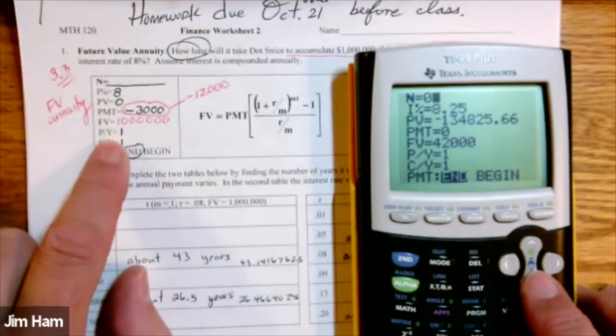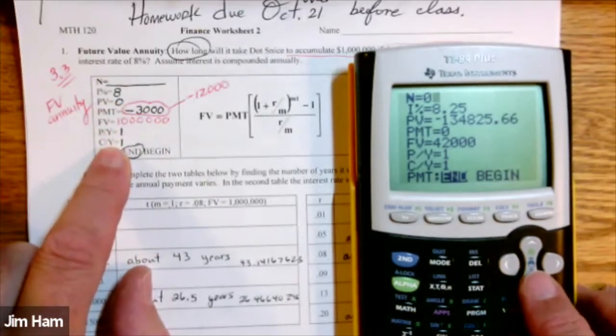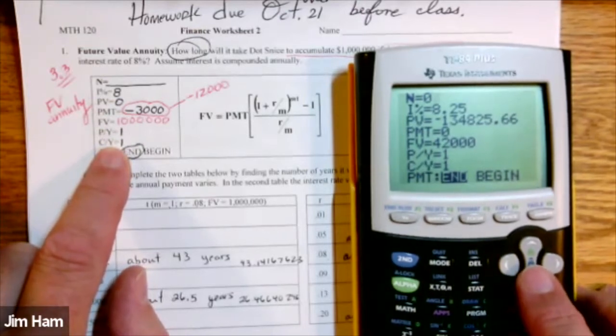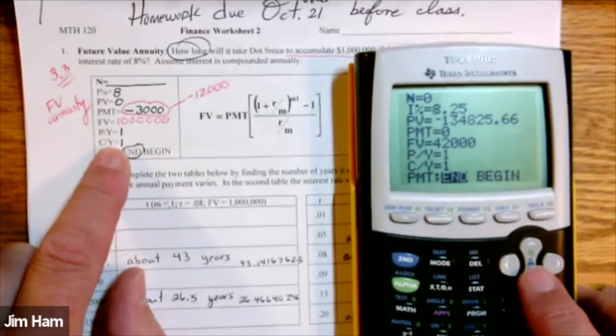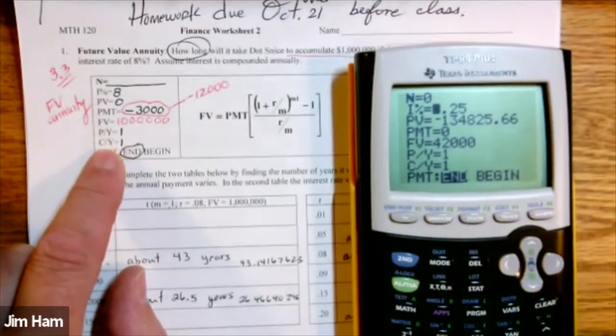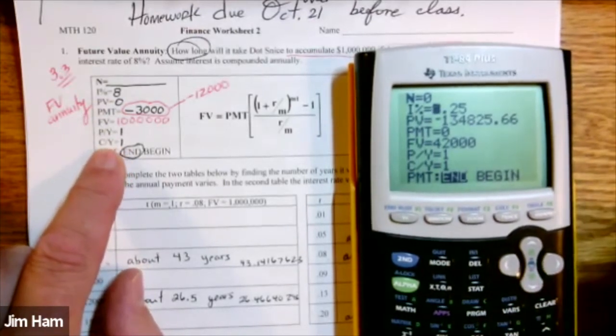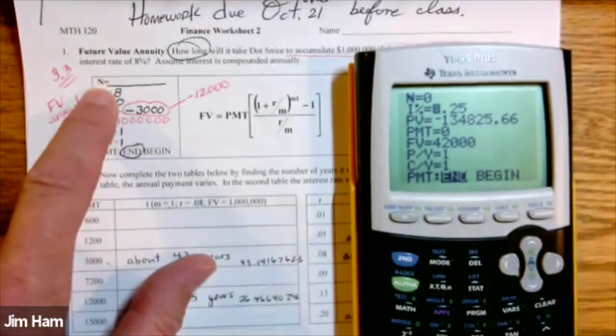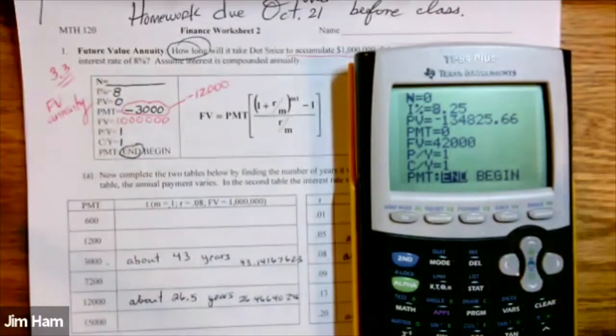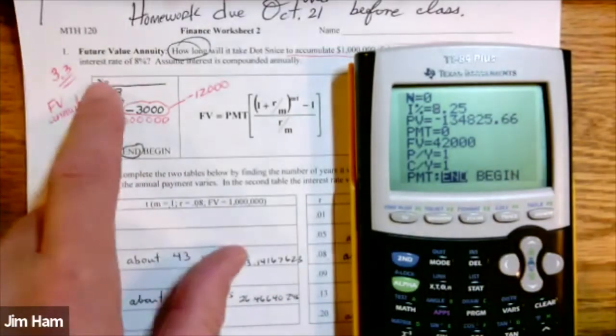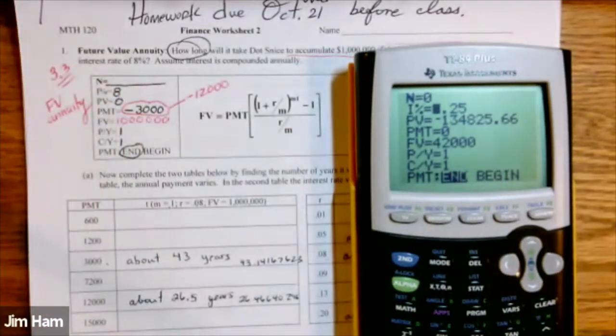Since there's no mention of a monthly or quarterly payment, or that the interest is compounded more often, payments per year and compounding per year are just 1. Since n is equal to m times t, and m is 1, n is going to equal the number of years.